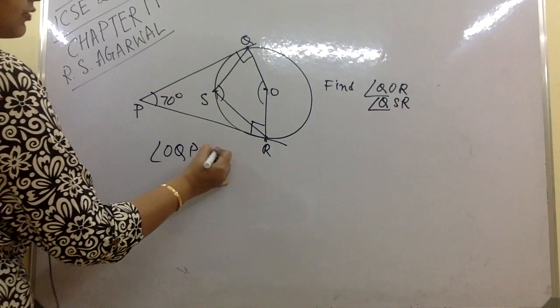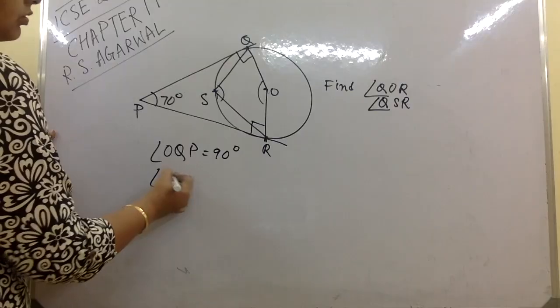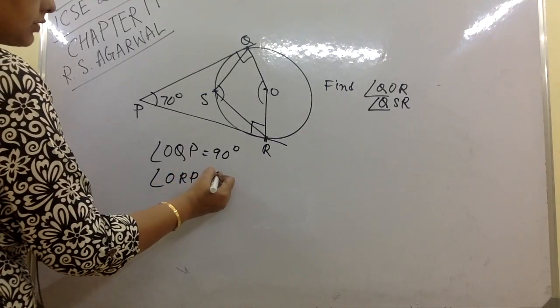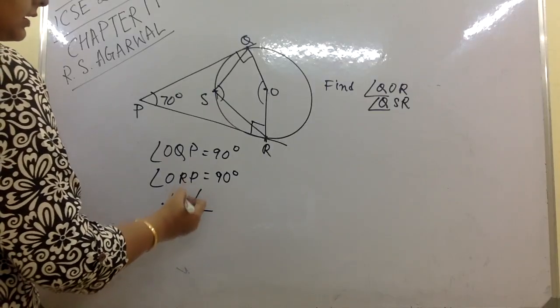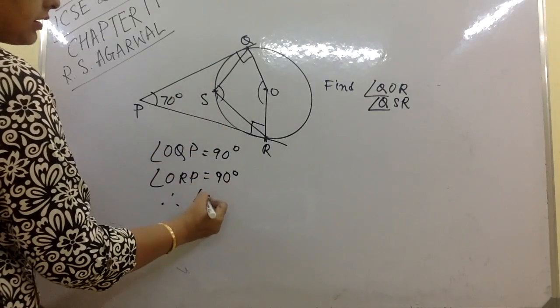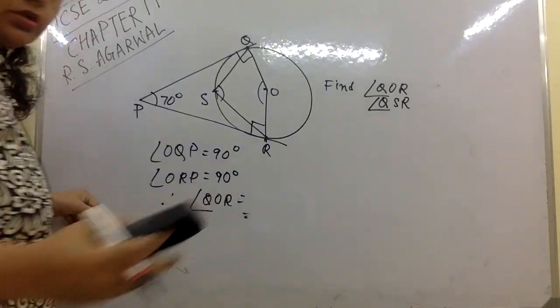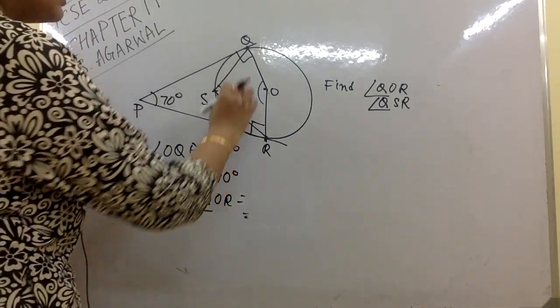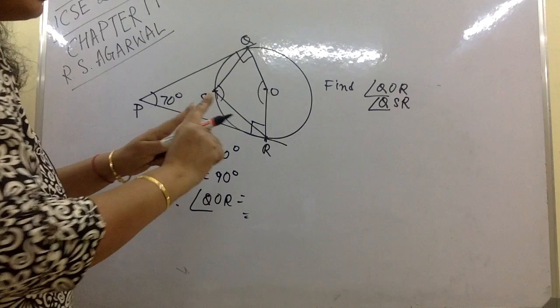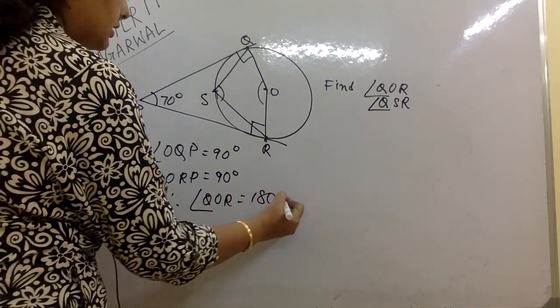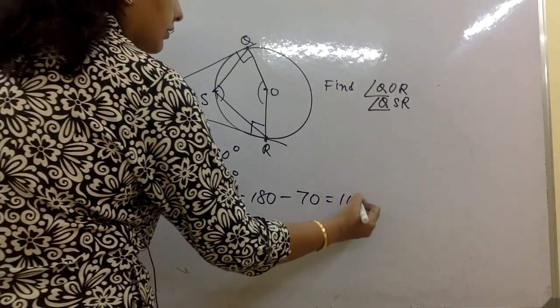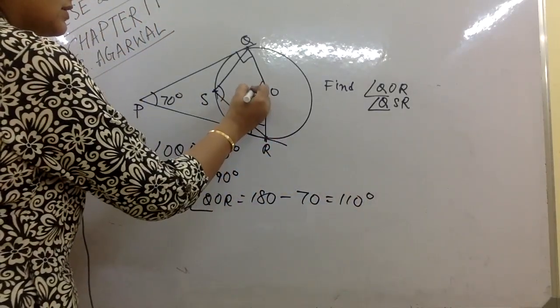OQP is equal to 90, ORP is equal to 90. Therefore, angle QOR, we have 90 and 90, out of 360, 180 is out. So QOR is simply 180 minus 70, which is 110 degrees.